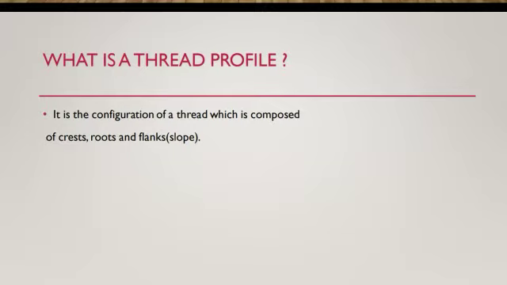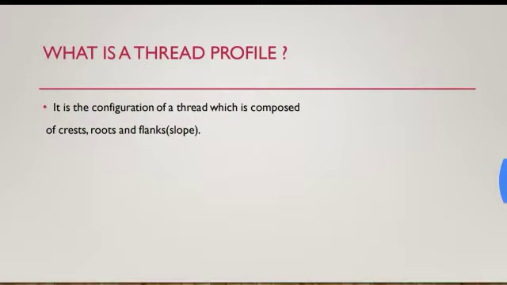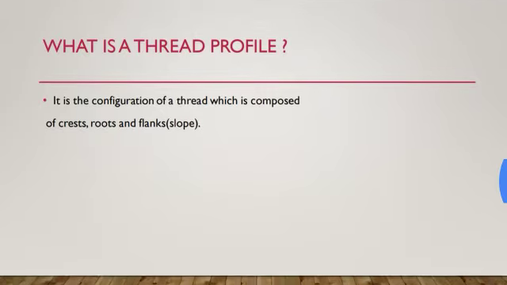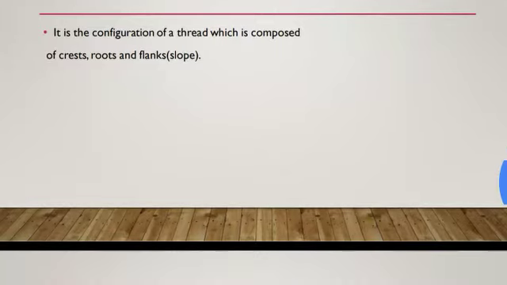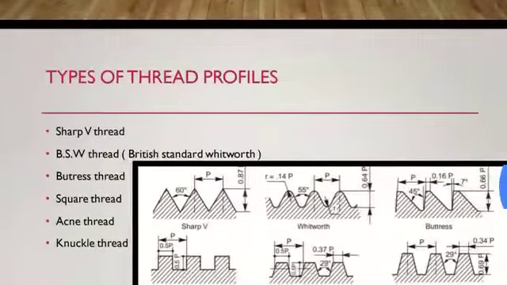If you take two different threads, one may have major diameter x and another major diameter y. So for each thread there will be some profile depending upon the crest and root. It is the configuration of a thread which is composed of crest, root, and flank. That is known as thread profile.